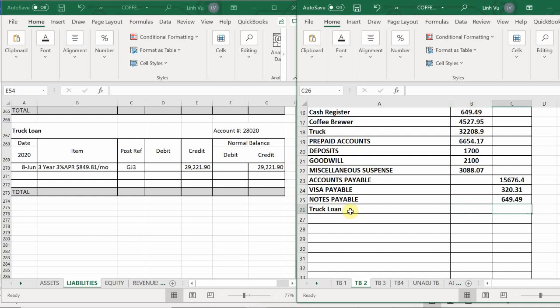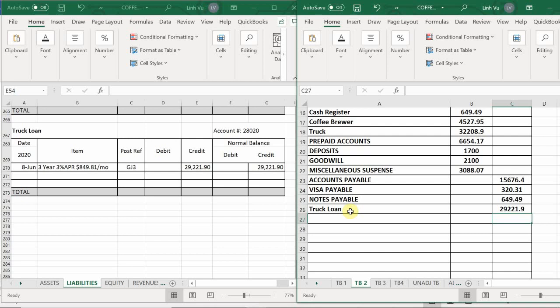And how much is my truck loan? $29,221.90. Okay. So Nathan, this is where the down payment for the truck took away from the truck loan. So in this case, I only owe $29,000 versus $32,000 because I made a down payment. Remember, I think it's almost $3,000.